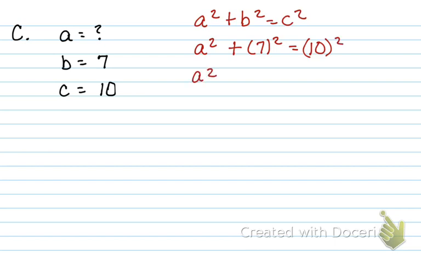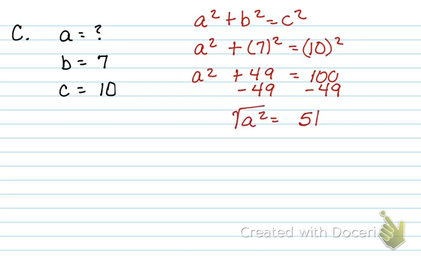Then we're going to simplify. 7 squared is 49, 10 squared gives you 100. Then we're going to subtract 49, and you get 51. A squared equals 51. Then take the square root of both sides, so you get A is the square root of 51. And you can leave it as that.